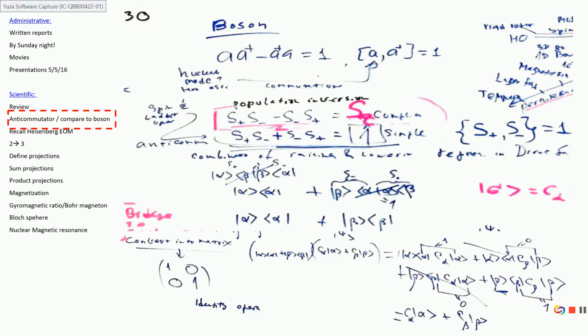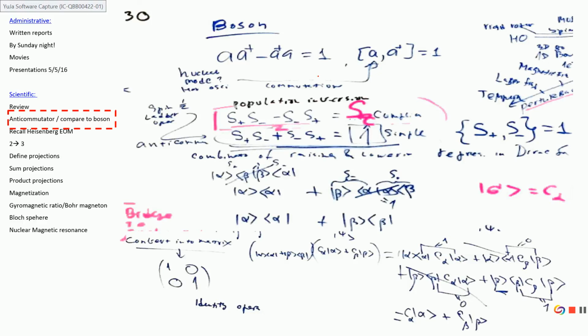But what I want to focus attention on is here. Remember, when we were doing commutation of creation and annihilation operators for the oscillator, when we subtract them from each other, we got 1. You remember it.